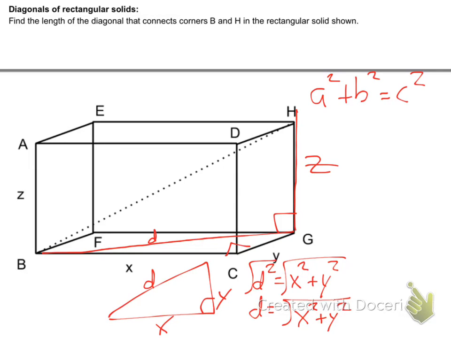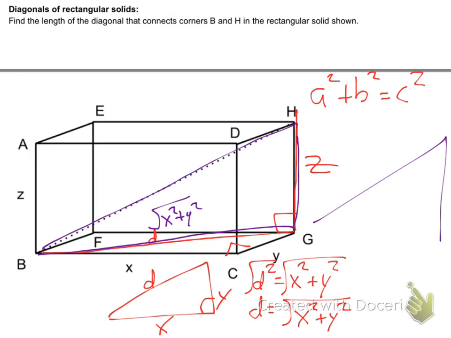Is everybody okay with that? This is important because I'm going to change the colors. If I want to find this triangle that I've now outlined in purple, do we know the bottom base of that triangle? Yeah. It is now the square root of X squared plus Y squared.